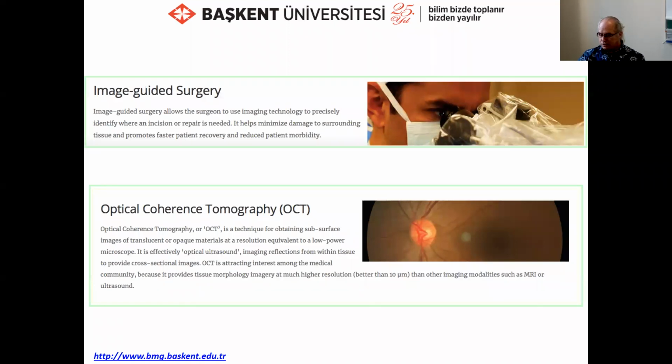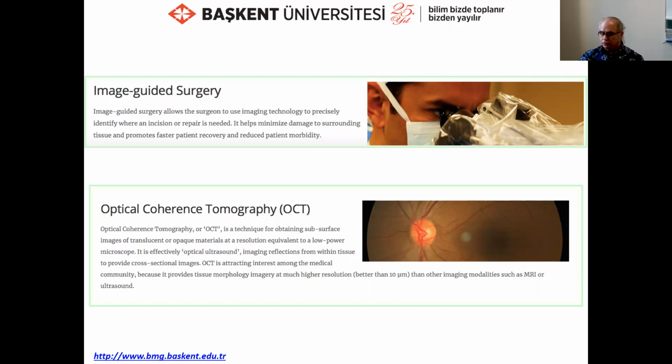Image-guided surgery allows surgeons to use imaging technology to precisely identify where an incision or repair is needed. It helps minimize damage to surrounding tissue. By the way, we frequently use these kinds of image-guided surgery applications.